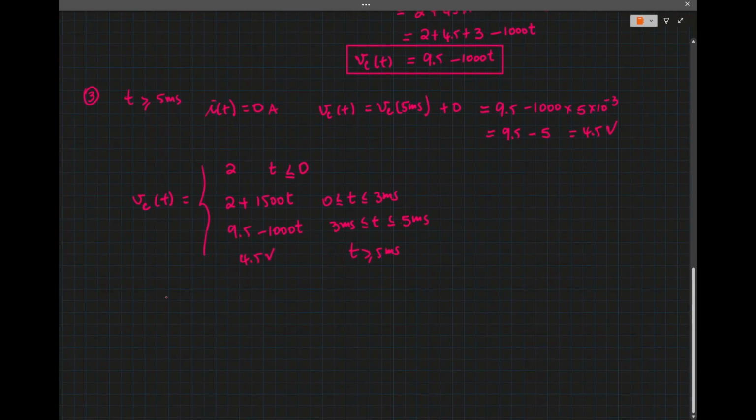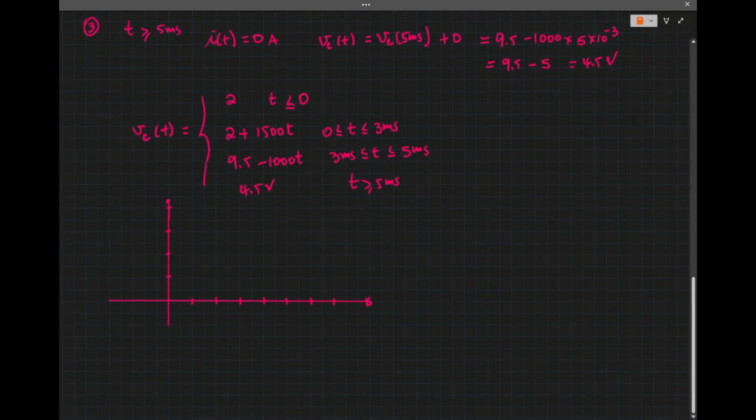Okay, so we have to sketch it. Just sketch this. So let's say this is 1, 2, 3, 4, 5, 6, 7. I need to move it down a little.